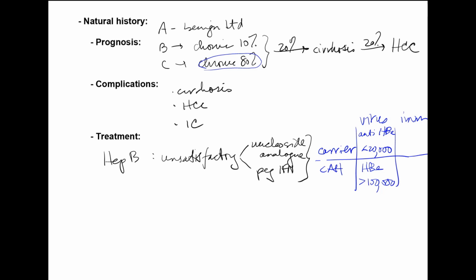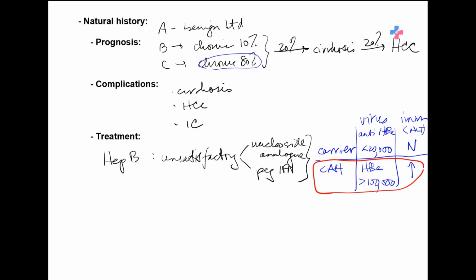We don't have a test for measuring cytotoxic lymphocytes, but we can certainly measure their effect by looking at the level of the ALT. If it is normal, that is a sign of little immune response. But if it is markedly elevated, then that is an immune response. And so the patients that must be treated despite all of its limitations are patients with chronic active hepatitis.